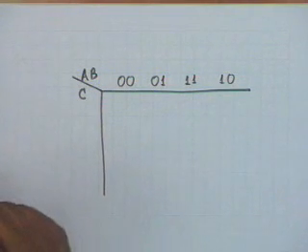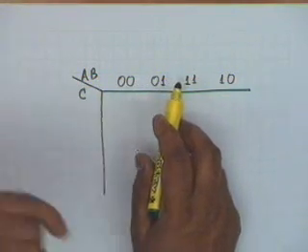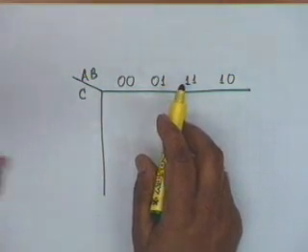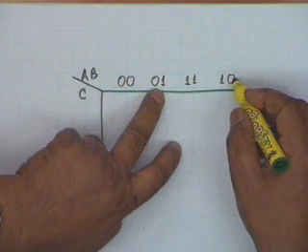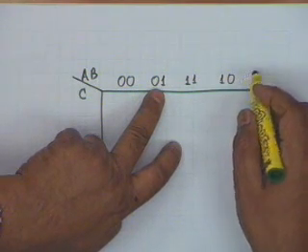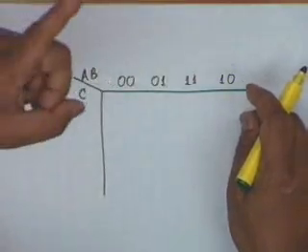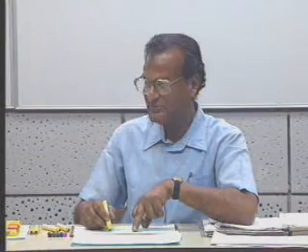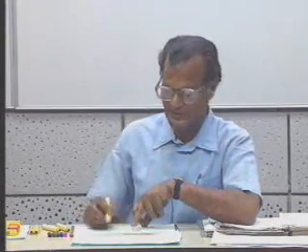A Karnaugh map must be written with 2 adjacent numbers differing in only 1 bit, not more than 1. You see, we did not write 1 0 after 0 1, because that would have meant change in both the bits. This is the discipline that one has to exercise. Consecutive numbers must not have more than 1 bit which is different.